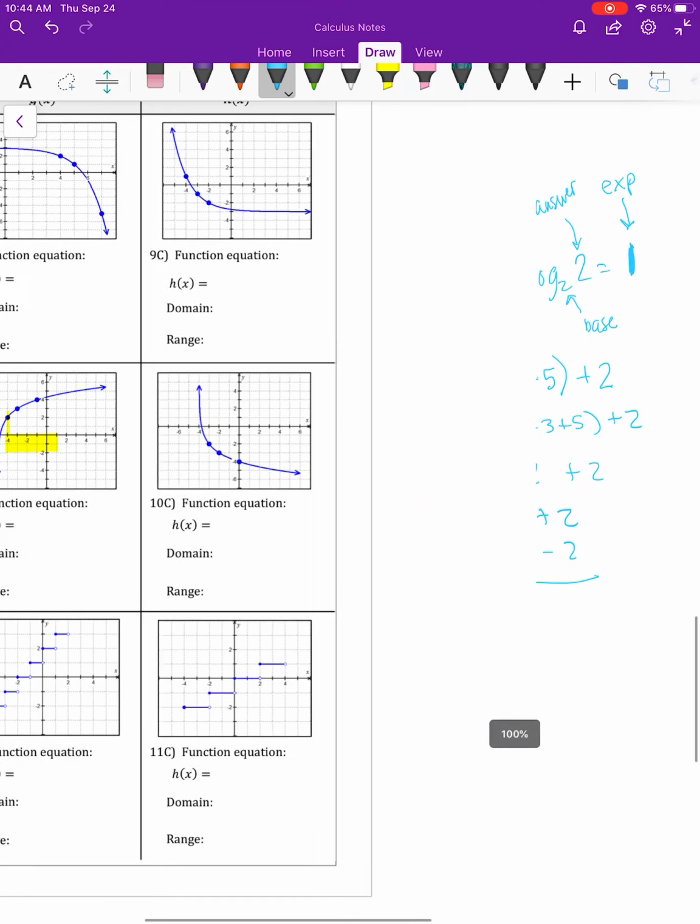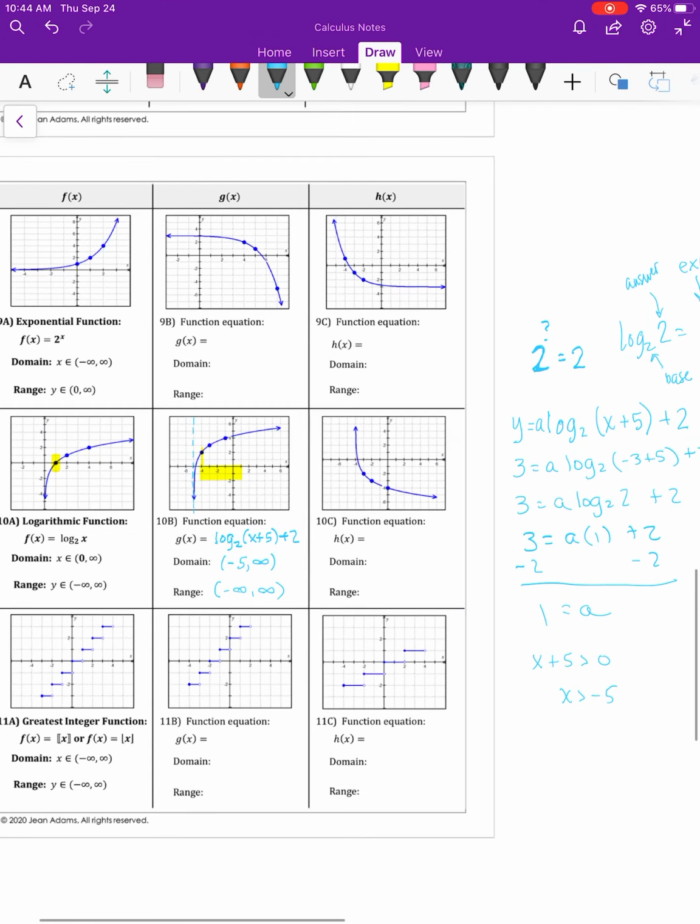Now let's look at 10c in the same way. The only thing about 10c is that you can see that there has been a reflection. It looks like it was a reflection across the x-axis, because you see that it's shooting up like that. That would have been a reflection about the x-axis.